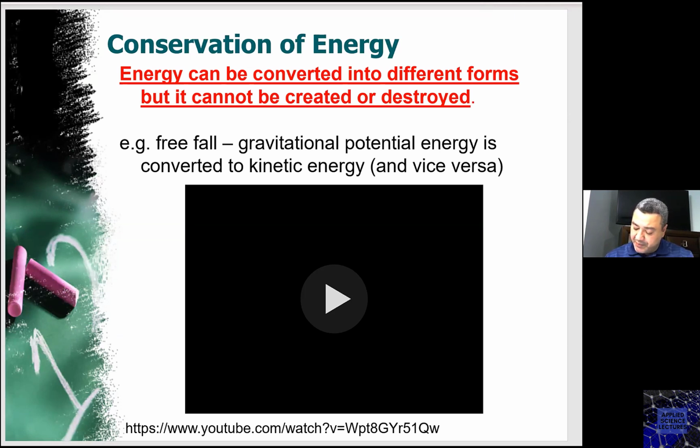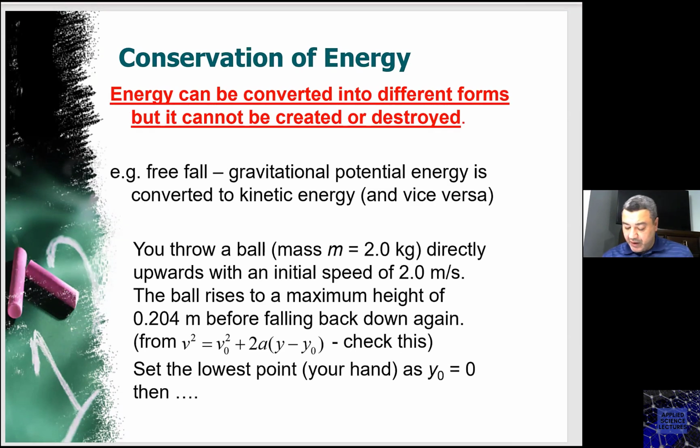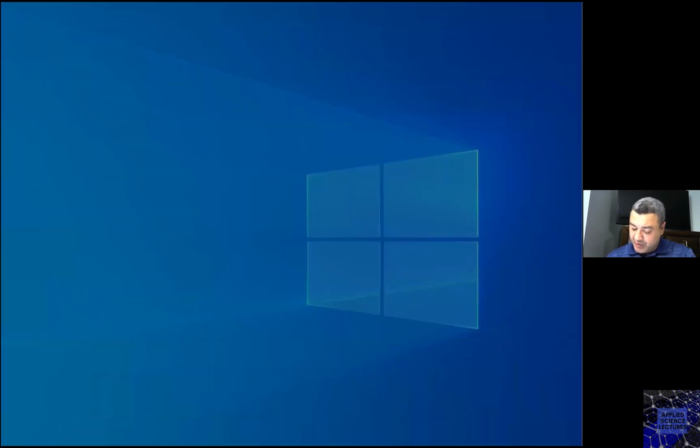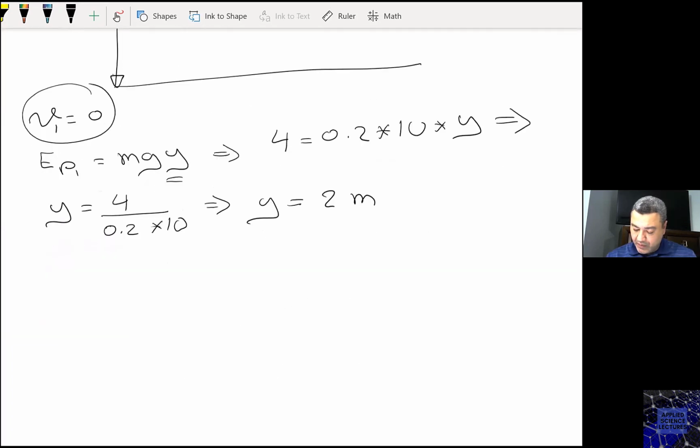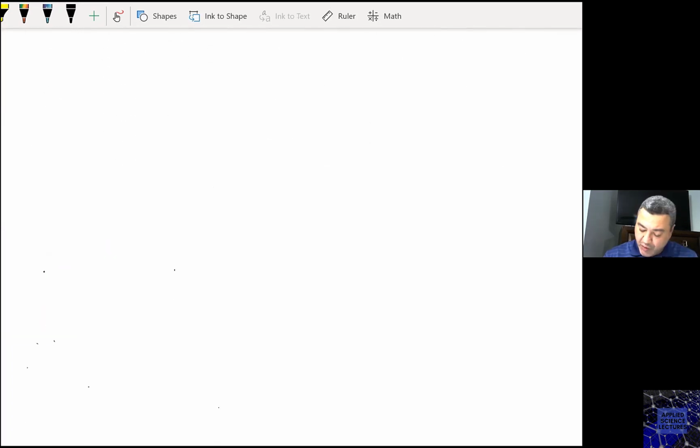So let's look at this example. If we have a free fall, for example, a ball that you are throwing all the way up with an initial speed of 2 meters per second, what's going to happen to this ball? This ball is going to go up. You give it initial velocity up.